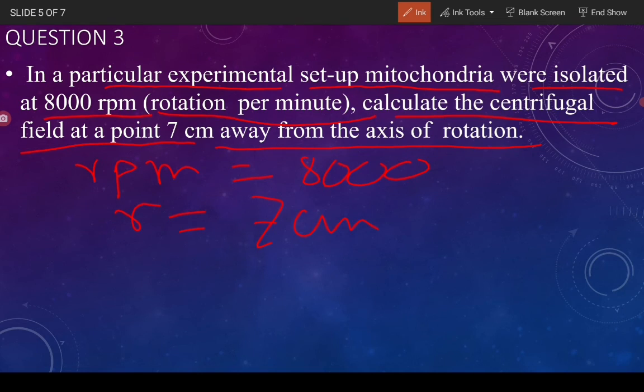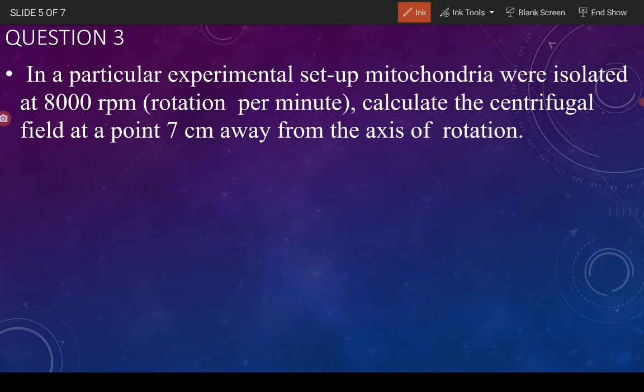We need to find the G. So it's also an easy question. So for calculating G, first we need to calculate omega, right? We don't have omega either.